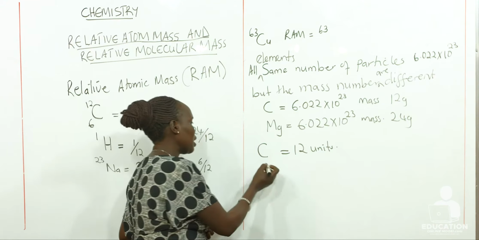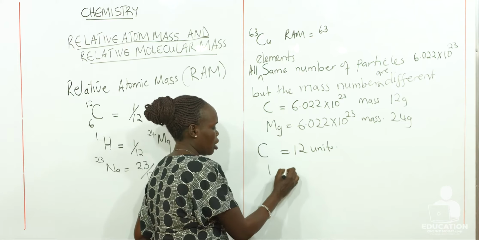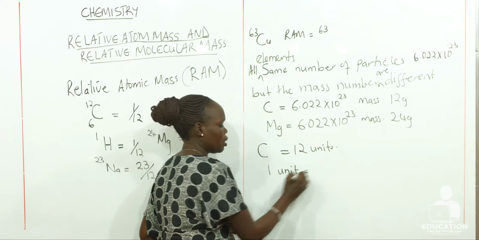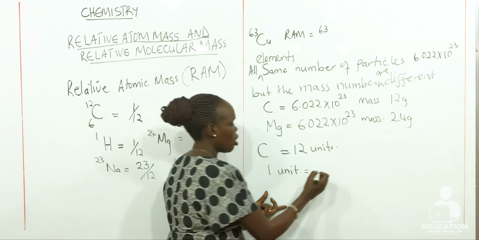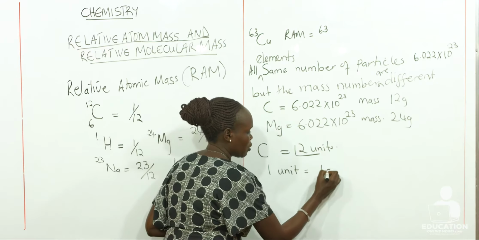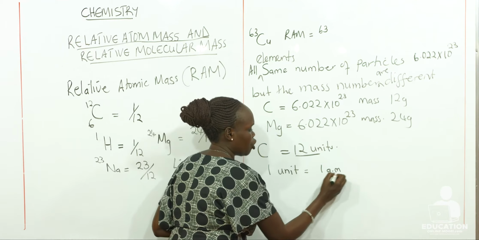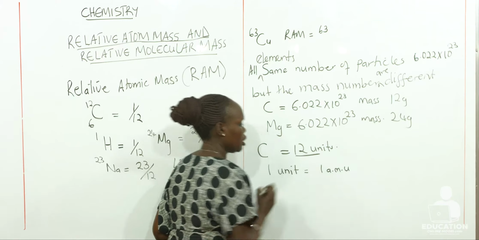If we say hydrogen, so if 1 unit has been taken out, we refer to this as one atomic mass unit removed from the reference value of carbon, which we can put as the atomic mass unit 1.